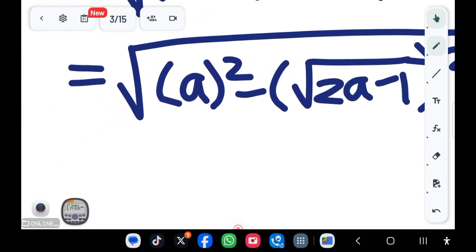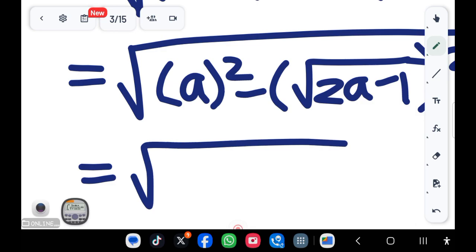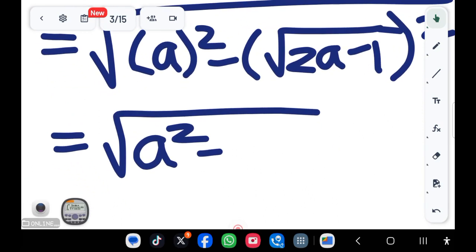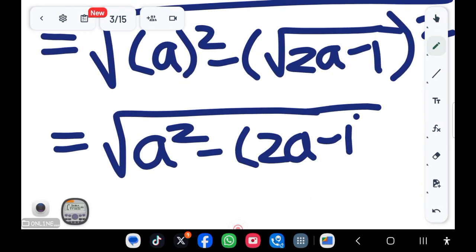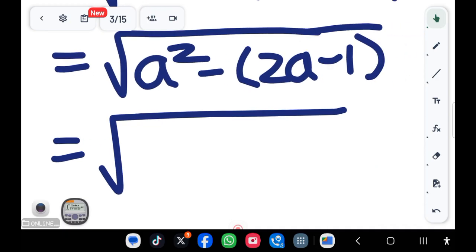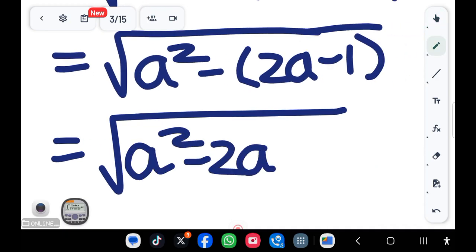All right, so a squared is just a squared minus the square root of this. We basically just take out the square root sign, and that leaves us with a quadratic expression: a squared minus 2a plus 1.